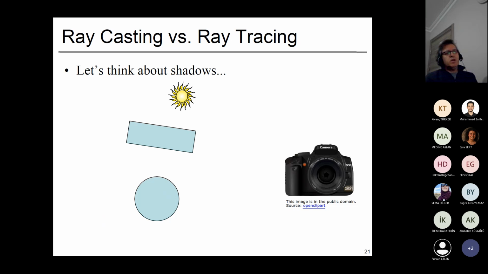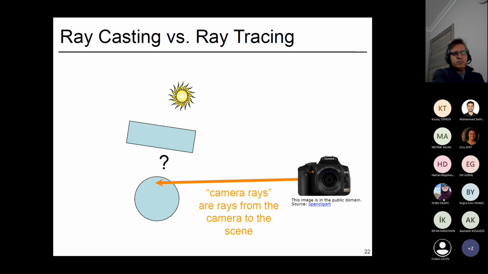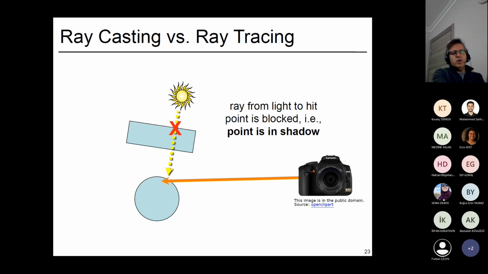So as I was trying to say, there is also something called ray tracing. The simplest difference between these two is in ray tracing, you trace your ray not just from your eye to your object, but you also worry about other things, like how this thing is seeing the other parts of the lights, and so forth.